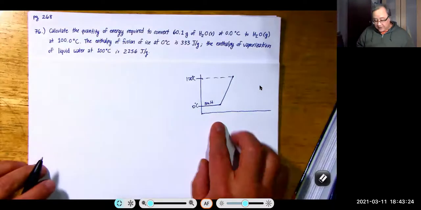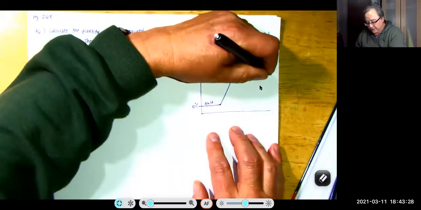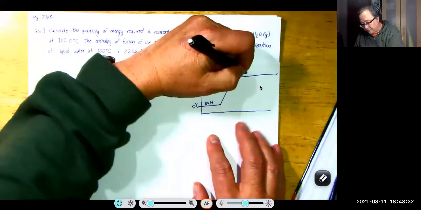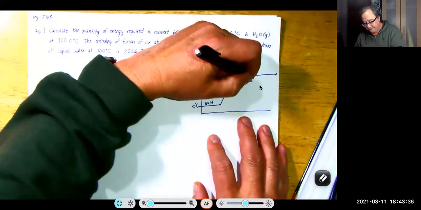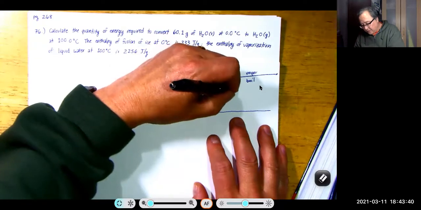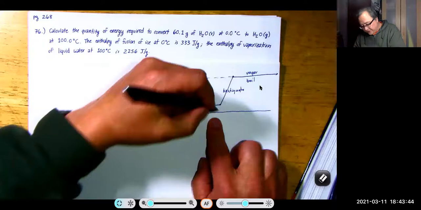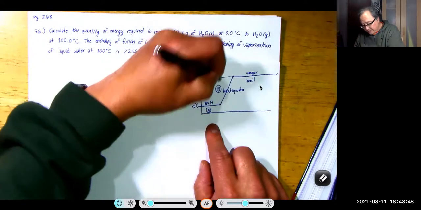Once all of the water is at 100 degrees Celsius, all of the energy goes into turning the water into steam. So this is vaporizing or boiling, I like to say. And this is heating water. So that's what's going on. We can look at each of these situations in turn, A, B, and C.